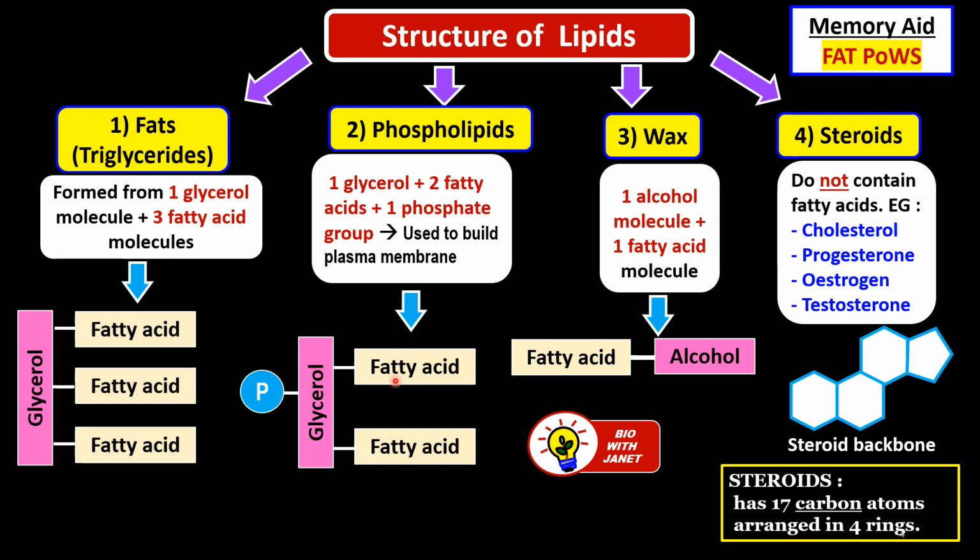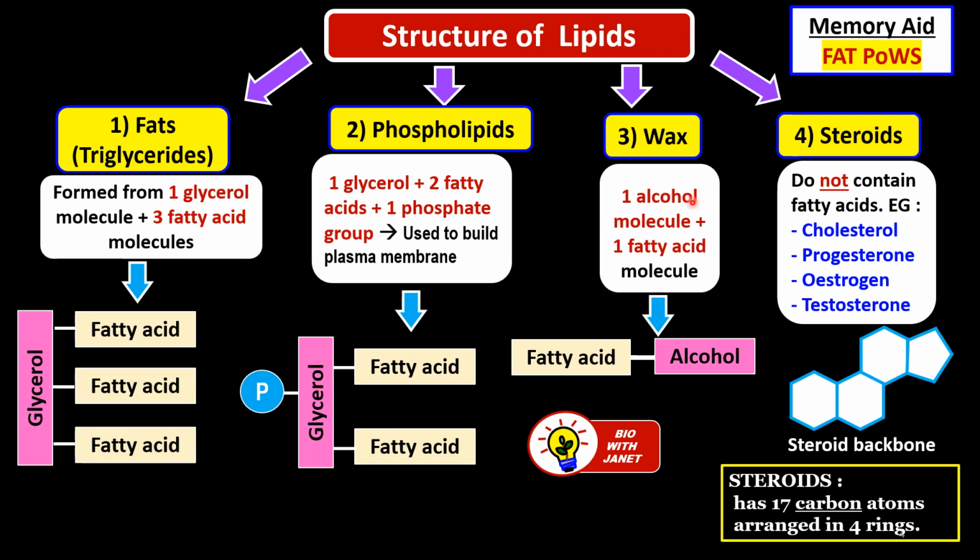So for phospholipids, since it forms 2 bonds with 2 fatty acid molecules here, the one more bond is used to bind to the phosphate group, okay, at the other side here.